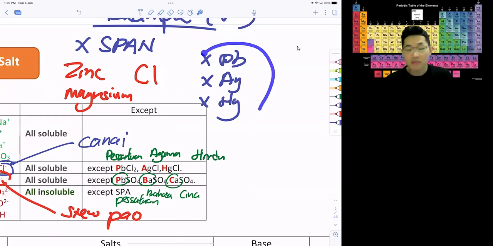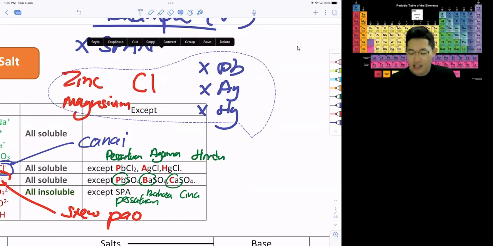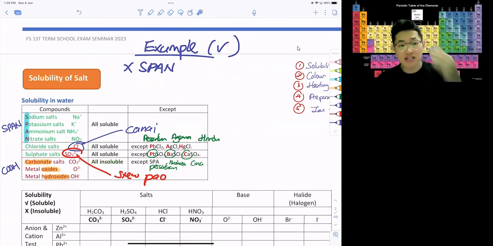As long as it is not Pb, Ag, Hg, it can be anything. Okay, zinc, magnesium, calcium, aluminium also can. Copper also can. Okay, good. Okay, for the second question that I'm going to ask you. And for sulfate, also the same, yeah? You can give copper 2 sulfate, magnesium sulfate, zinc sulfate, aluminium sulfate, also can.